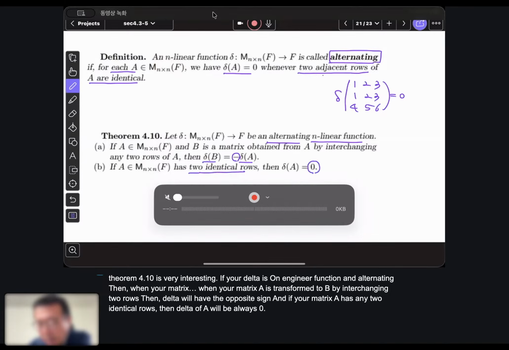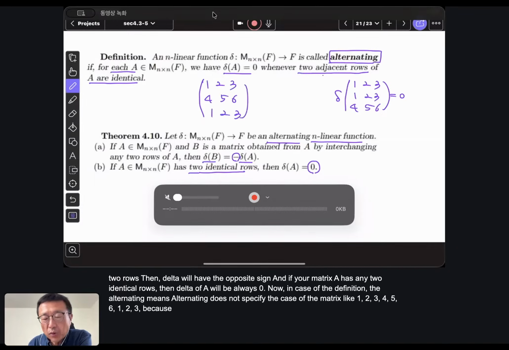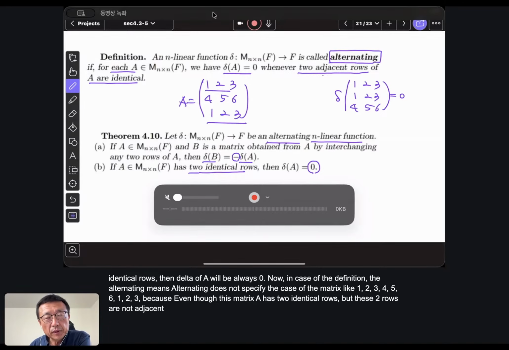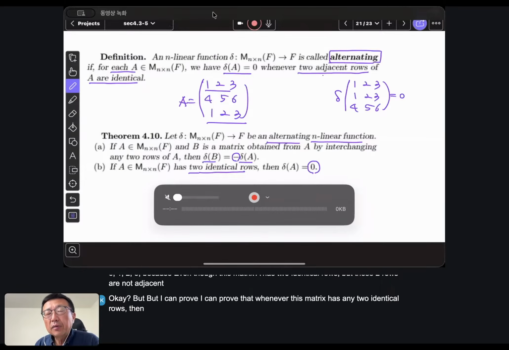Now, the definition of alternating does not specify the case of a matrix like 1 2 3, 4 5 6, 1 2 3, because even though this matrix A has two identical rows, these two rows are not adjacent. But I can prove that whenever this matrix has any two identical rows, then delta of A must be 0.